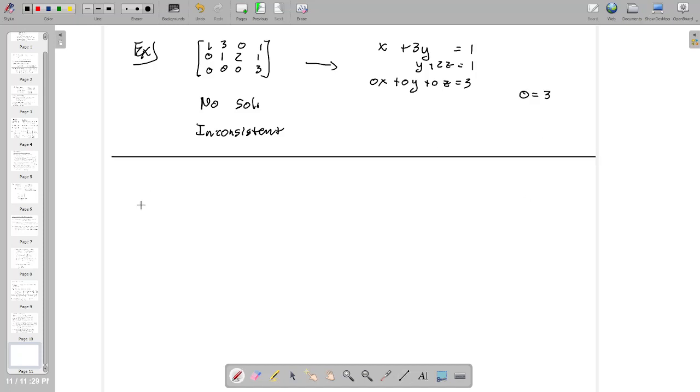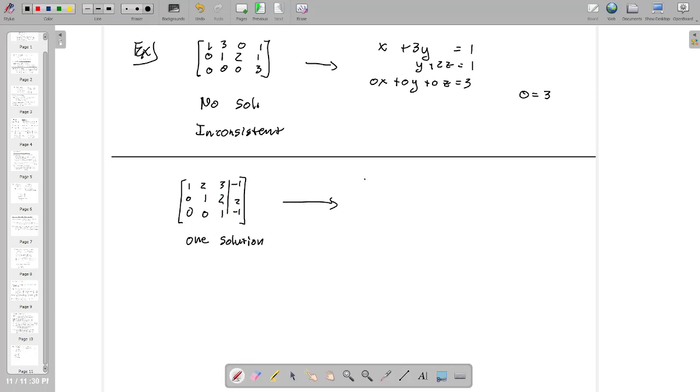The next one will be one solution. Now this one's the most common. And suppose we have something that looks like this. 1, 2, 3, 0, 1, 2, 0, 0, 1, and then negative 1, 2, negative 1. Now here, as we've seen already, we can just back substitute and we can figure out what everything is.